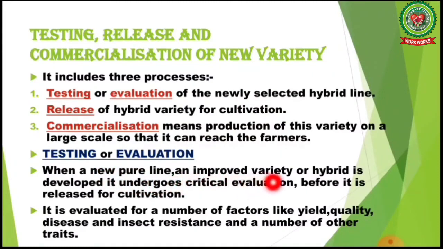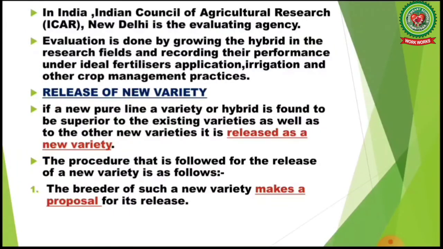When a new pure line, an improved variety or hybrid is developed, it undergoes critical evaluation before it is released for cultivation. It is evaluated for a number of factors like yield, quality, disease and insect resistance, and a number of other traits.